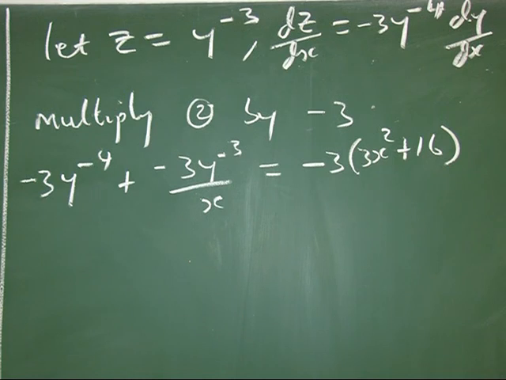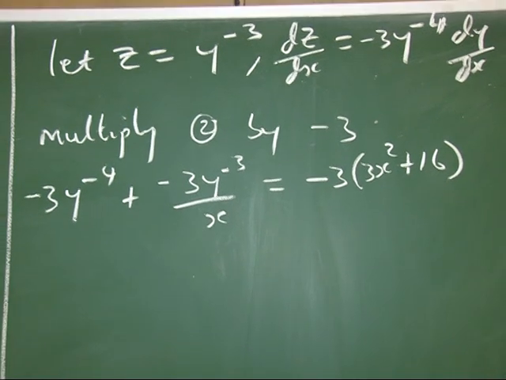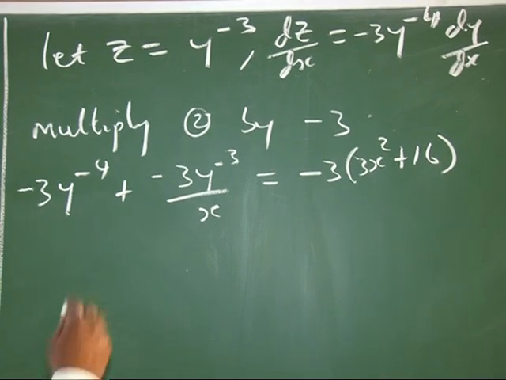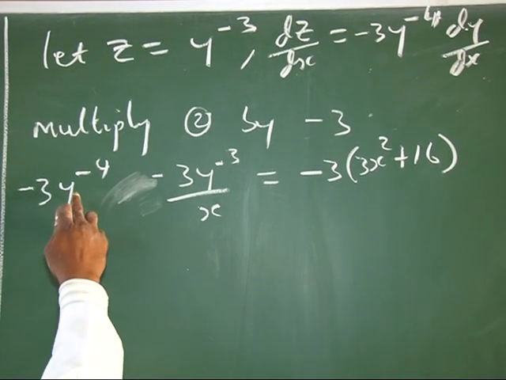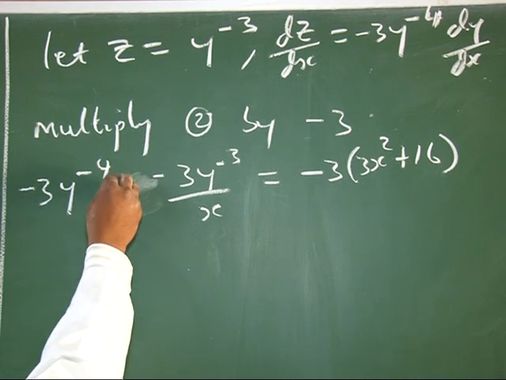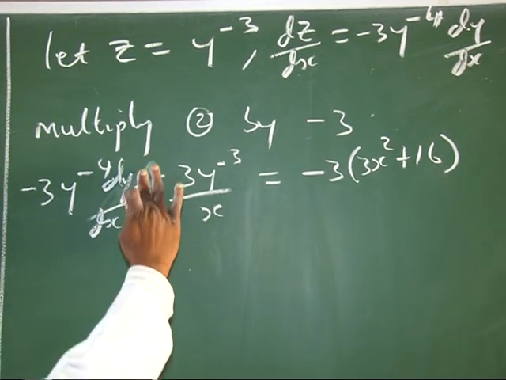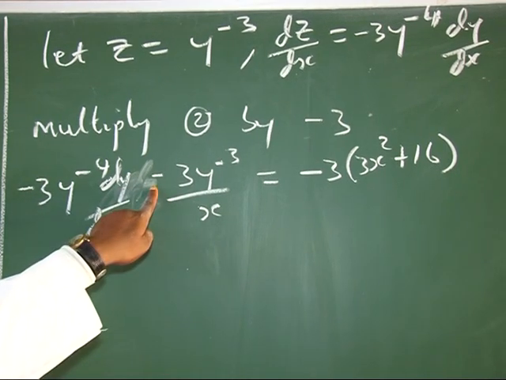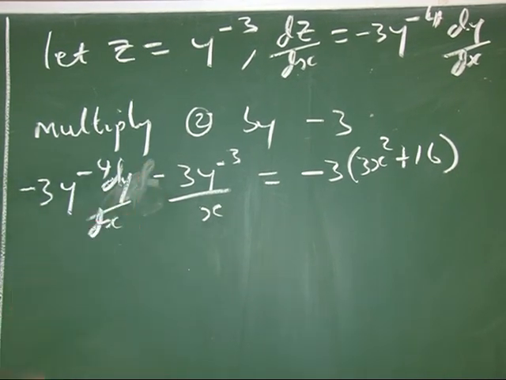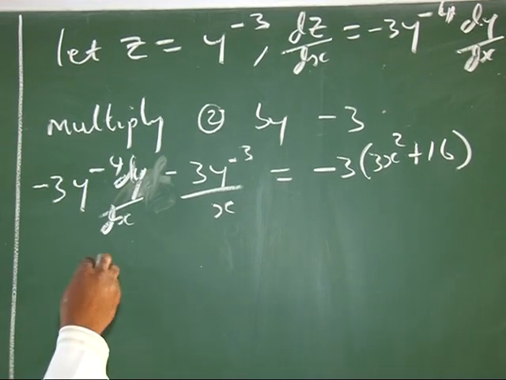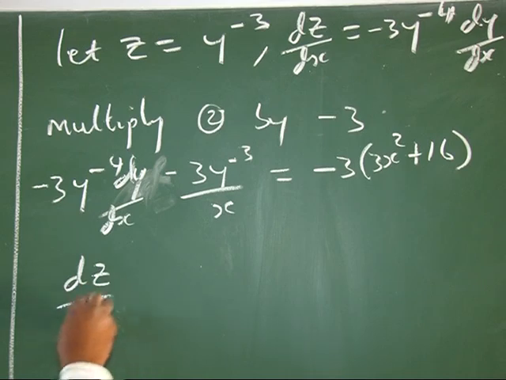So we are multiplying everything here by minus 3. Yes, minus, because this place will become minus now. Minus and plus, so we become minus this. And we can write this as dz over dx.